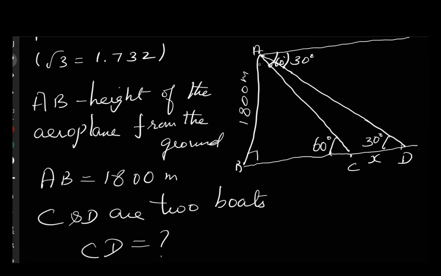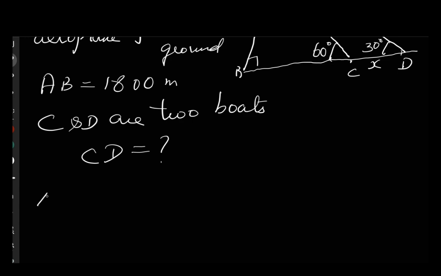So here we are getting two right angle triangles. Here angle B is 90°, common for both the triangles. One is triangle ABC, where one angle is 60. The other triangle is ABD, where one angle is 30. So mark the two triangles, triangle ABC and triangle ABD.